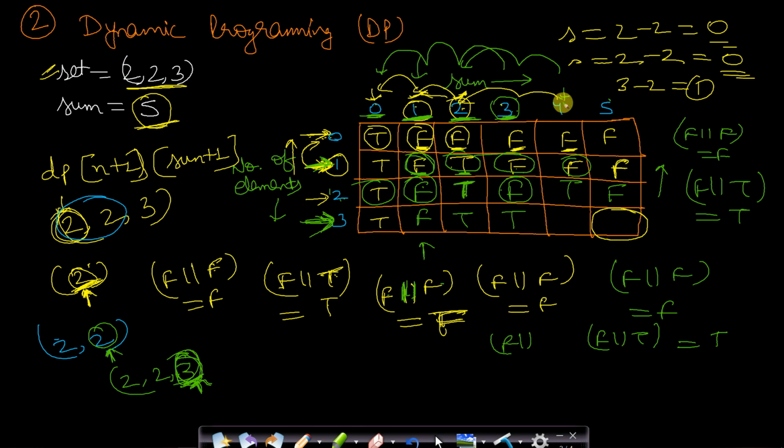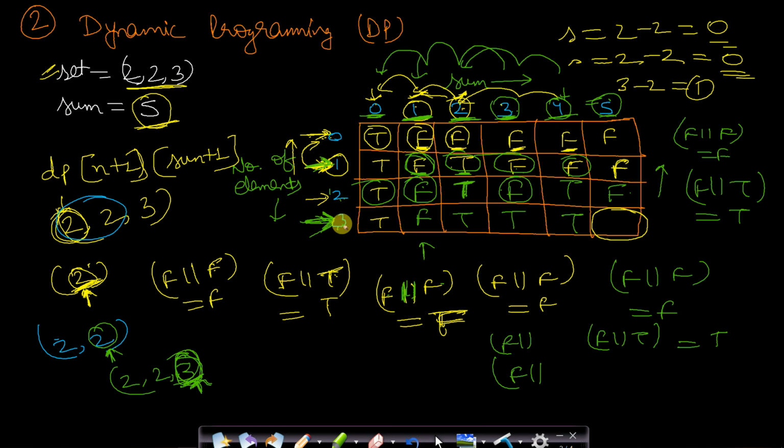Now similarly, can I find the sum 4 by excluding the third element? It is true, therefore I will just copy it here. Now, can we find sum 5 by not including this third element? It is coming out to be false. Now we have the second option. If I include this third element, can I find the sum to be 5?